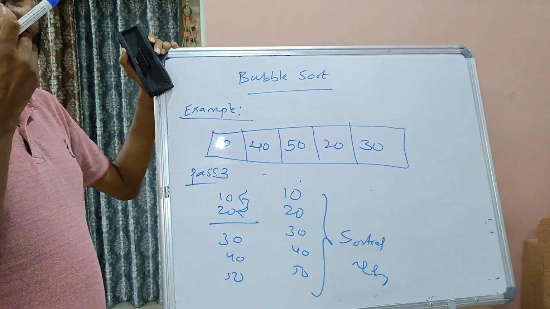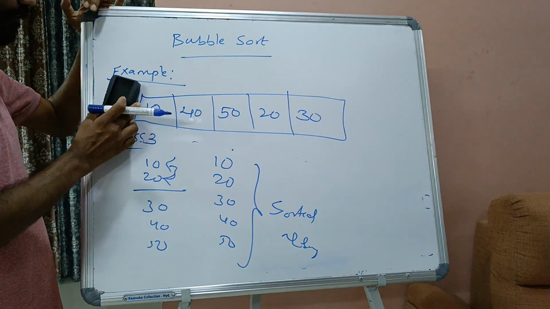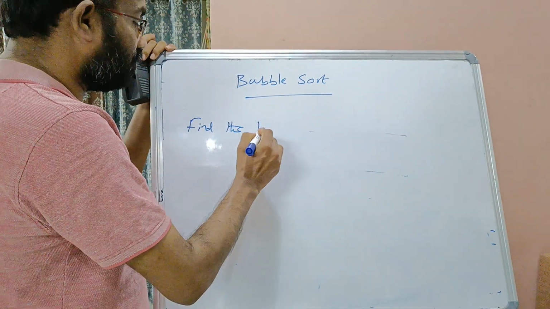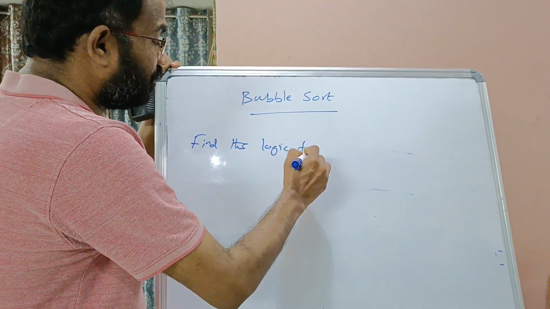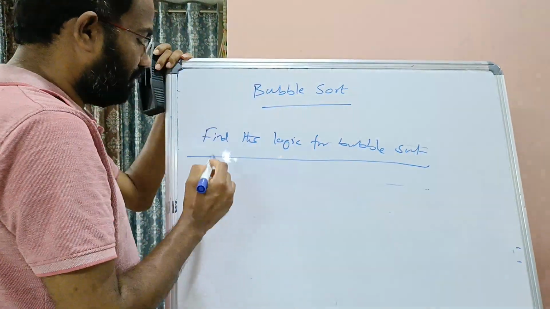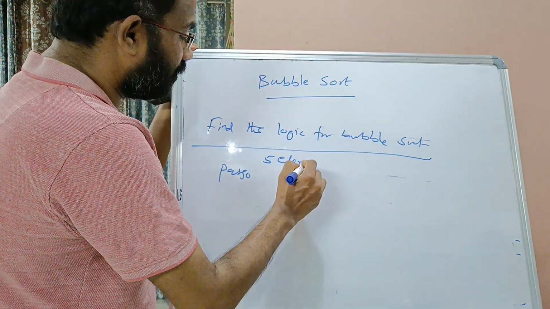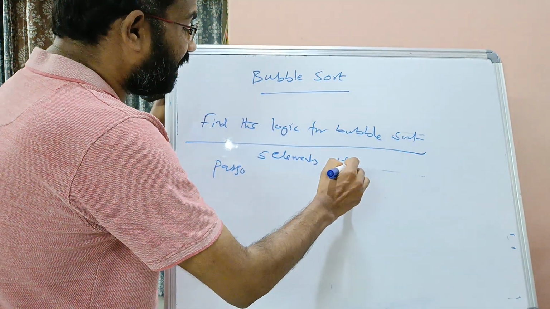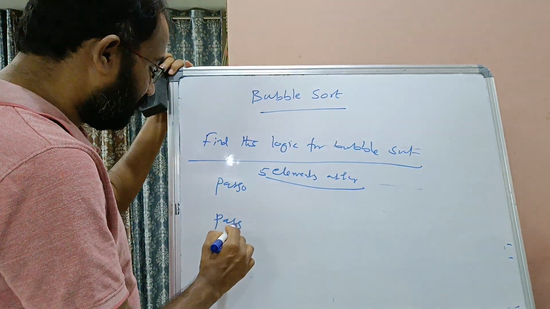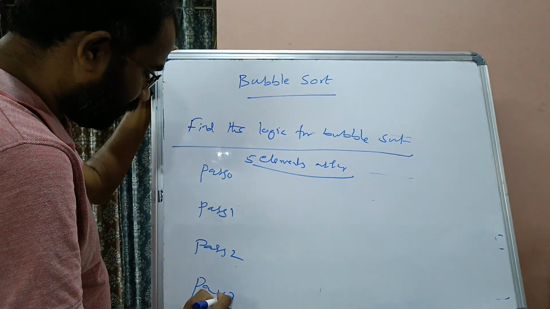Before writing the program, we are going to find the logic for bubble sort. Suppose a 5 element array. Then 4 passes are possible: pass 0, pass 1, pass 2 and pass 3.